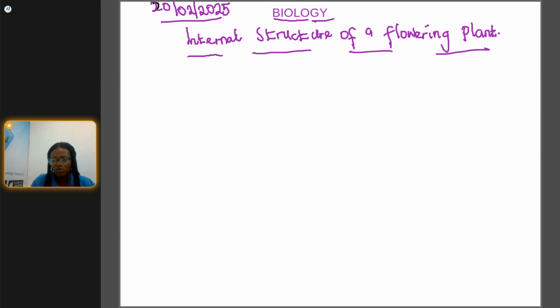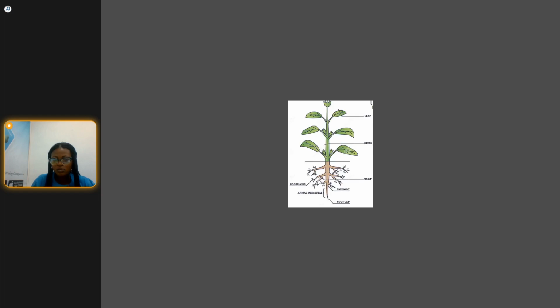And we are going to be looking at a flowering plant. I am going to present a flowering plant now for you to see. I believe we can see what is on the board. So this is an example of a flowering plant.